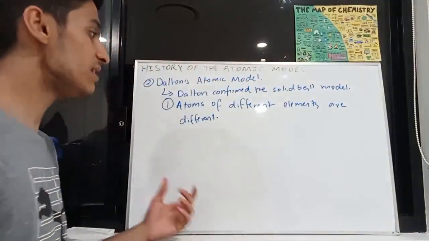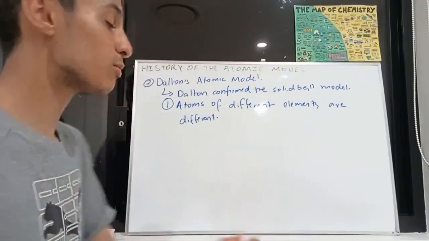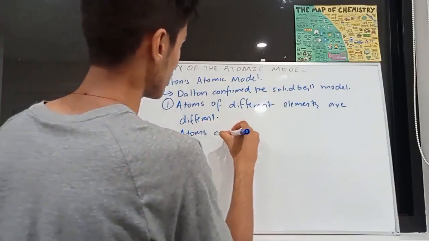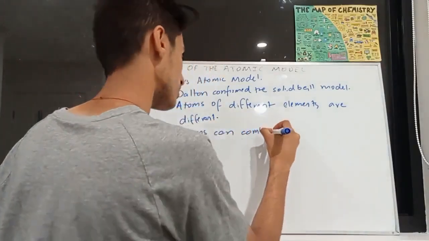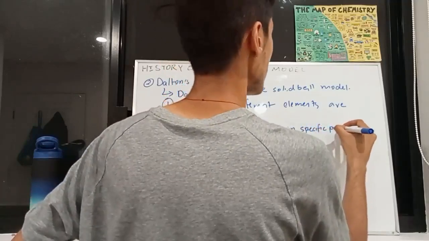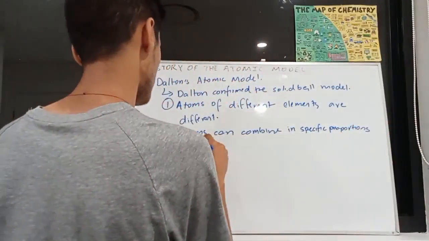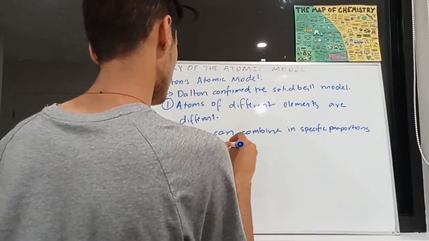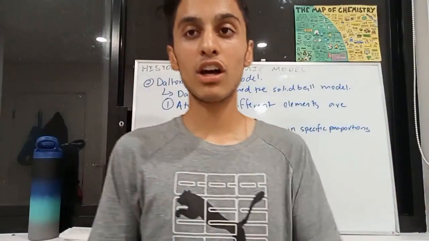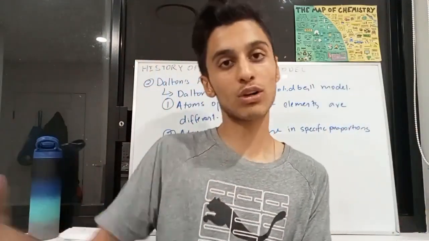Another thing he said, that these atoms can combine in specific proportions to form compounds. So imagine I have two hydrogen atoms and an oxygen atom.